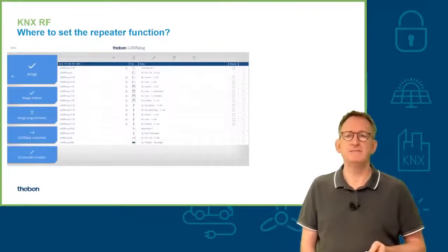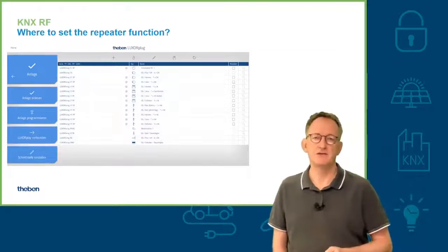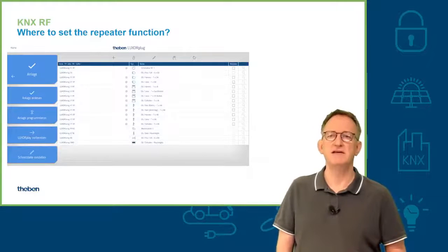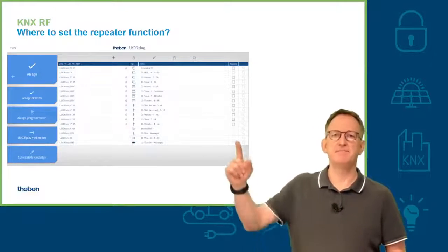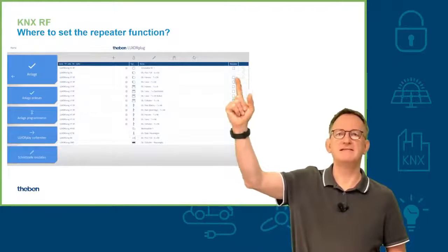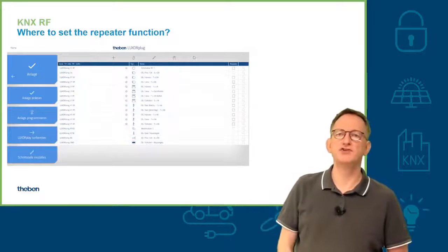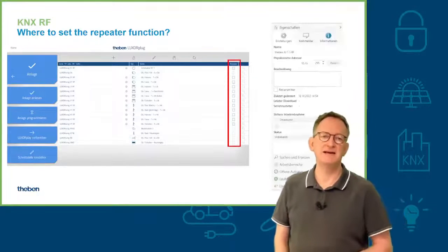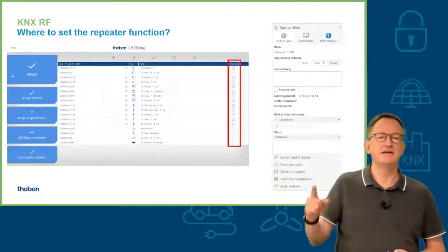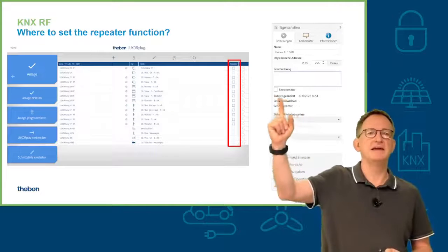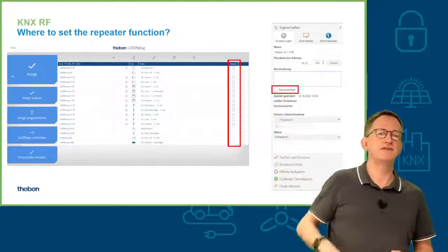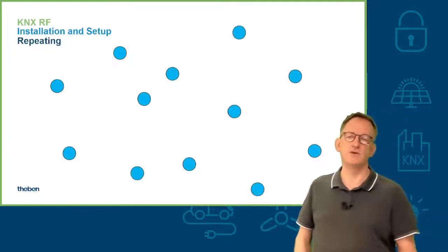But first let me show you where you can set the repeating function. In Luxor Living we have here in the middle, in the device list, a box where you can mark which RF devices should act as a repeater. On the KNX side, you can find it under the properties of a device, and also set retransmitter to yes, and then it works.